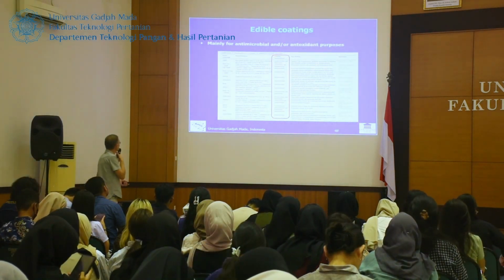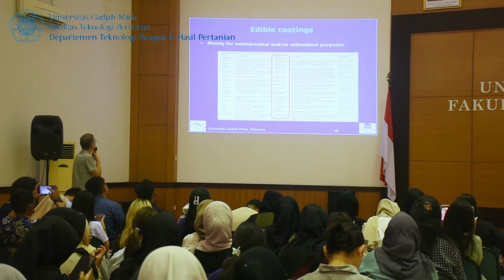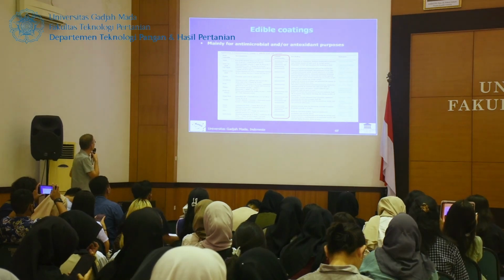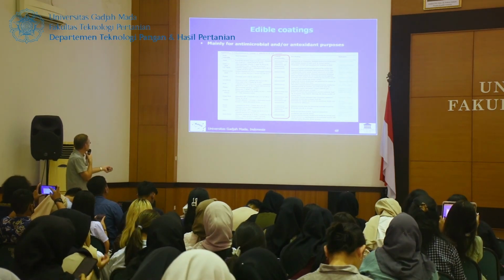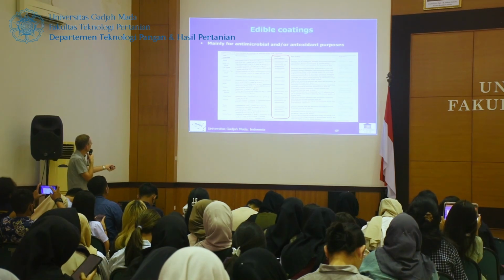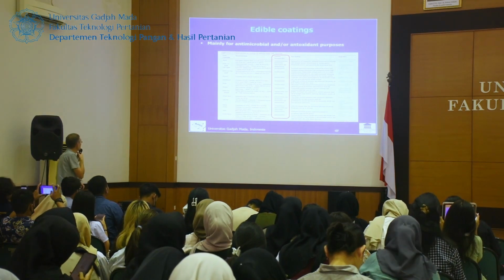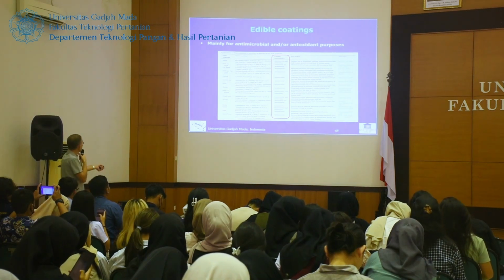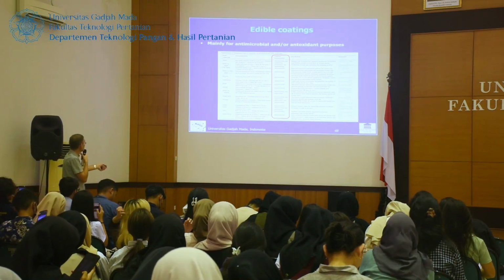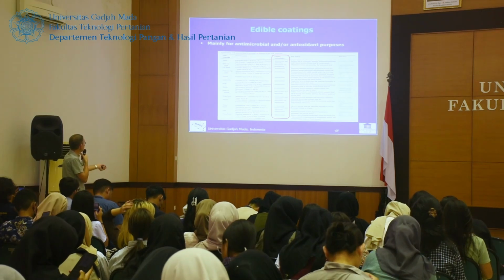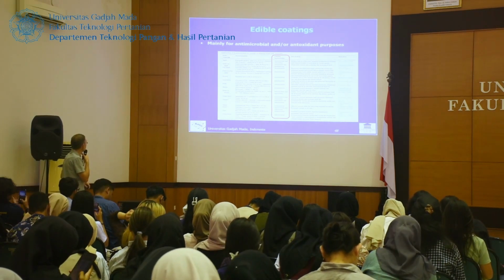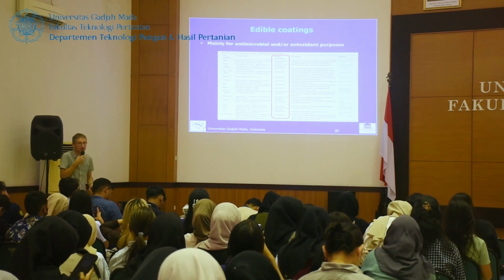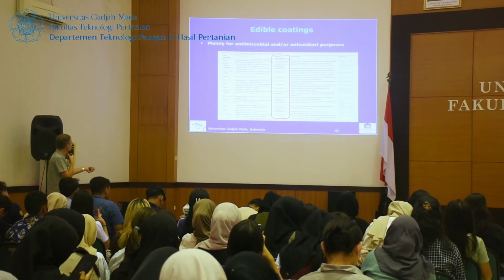And here you see an overview of nano-emulsion applications in coatings. You see that indeed it's especially antimicrobial and antioxidant purposes that are included with different components. I talked about thyme oil; lemongrass essential oil can also be used, cinnamon essential oil is quite a known example, and mandarin essential oil. So it's frequently essential oils that are used, that are emulsified.